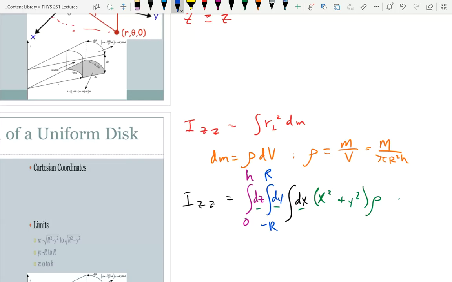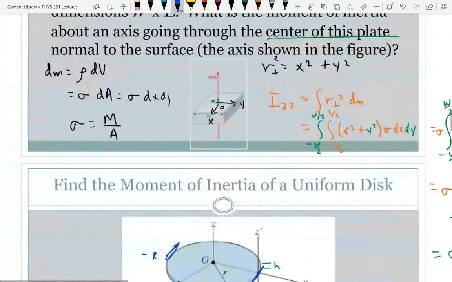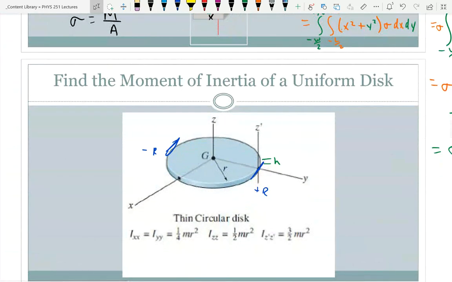But it's not. Let me show you why. Let's say that y is right there. Okay. Here's my y value. X can go from here to here, which is less than r.